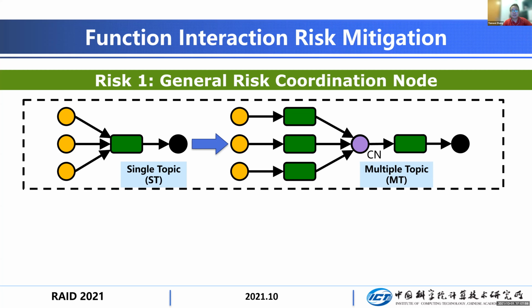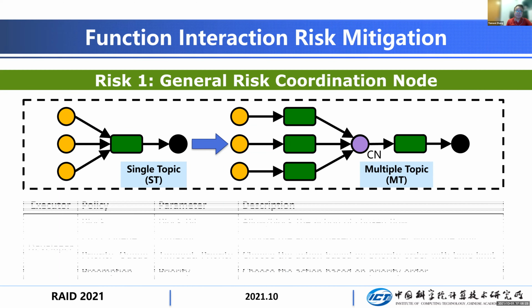So each message from each yellow node must go through the coordination node before passing to the state node. In this way, the coordination node, which is the purple circle in the figure, is able to inspect each message.